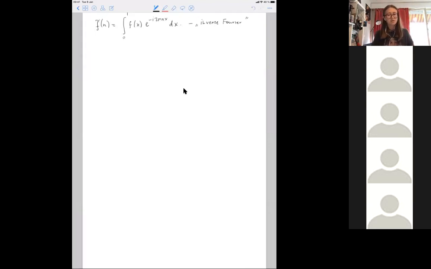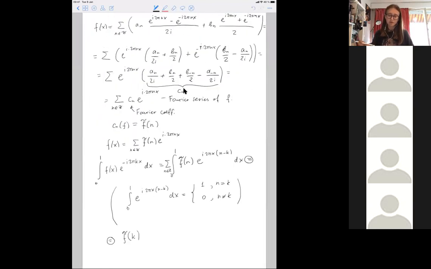Okay, so we know how to find the coefficients, and again there is a certain mathematical subtlety here, which points out that this will only work for reasonably nice functions f. What we do mathematically in the first step is interchange the sum and the integral.